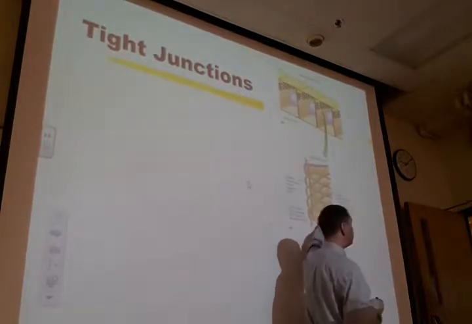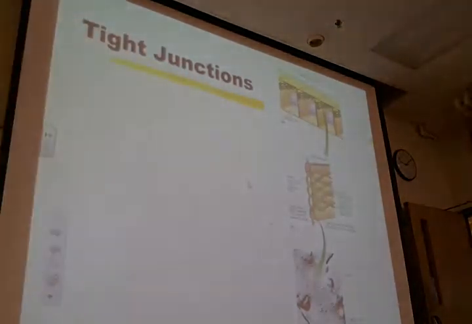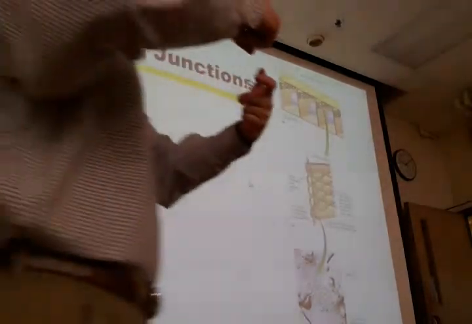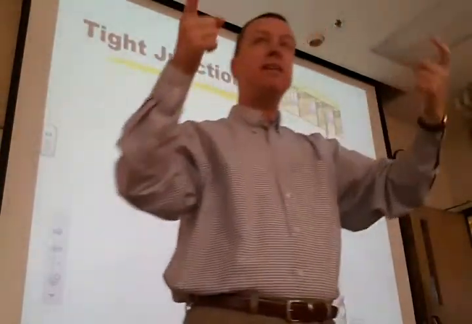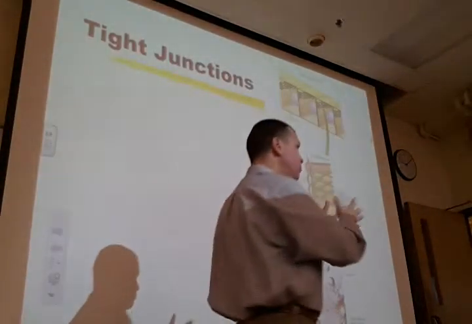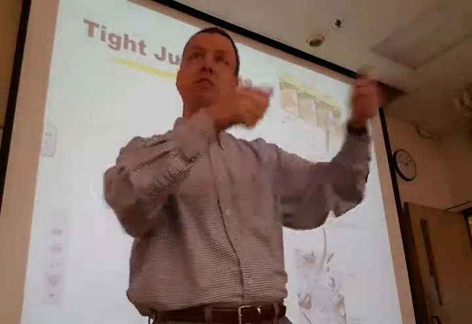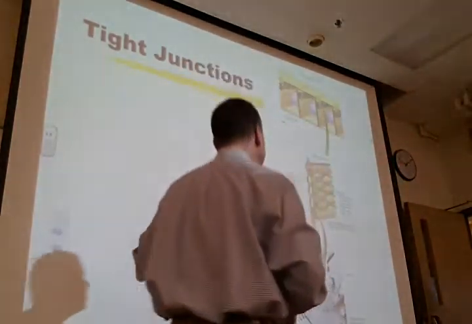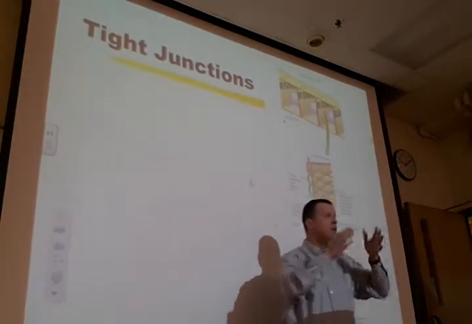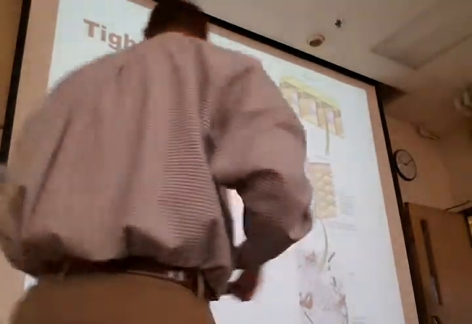It's an integral membrane protein that sticks out of the cell membrane on both sides, on the two adjacent cells, and the best analogy I can give you is they act like Velcro. They hook on to each other, and just like Velcro, the more Velcro you have connected to each other, the stronger the connection is. These work the same way. So the more occludin you have in the membrane hooked up with each other, the tighter and the stronger that connection is going to be between the two adjacent cells.